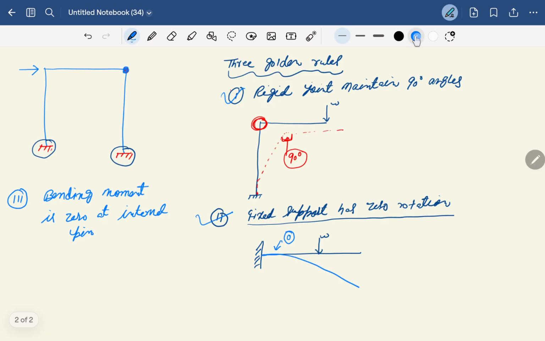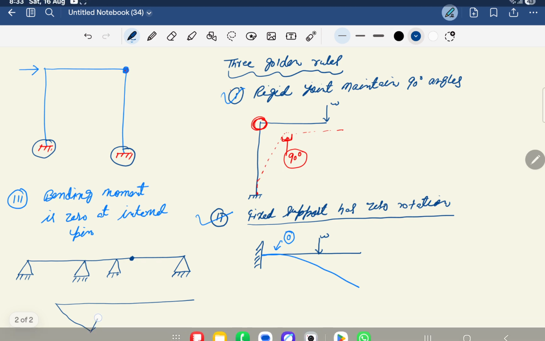Suppose I'm just giving you one example for better understanding. See, this is your support like this, and here this will be the internal pin, and here also we are providing it like this. Okay, so in this case, how will the bending moment diagram be? It will be like this, okay, and then suppose we provide one more here.